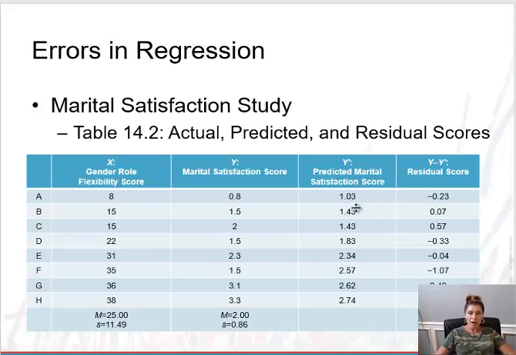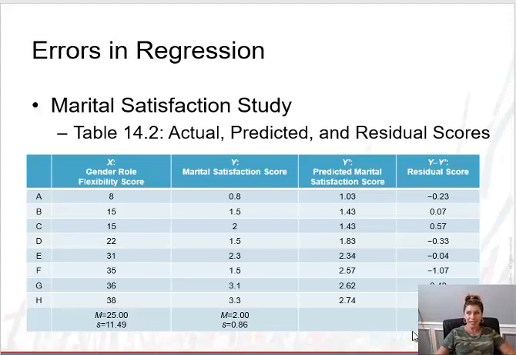So how far off y and y prime are. And you have the residual scores. You can use these data to calculate the standard deviation of the residual scores. And what that tells you is what's called the standard error of the estimate.